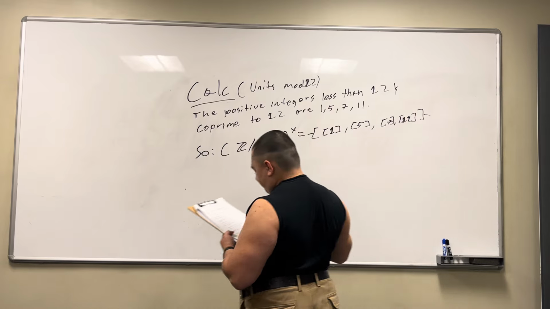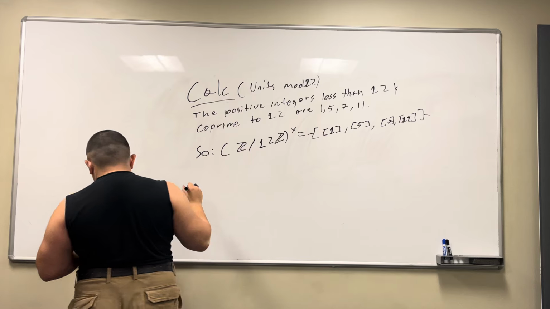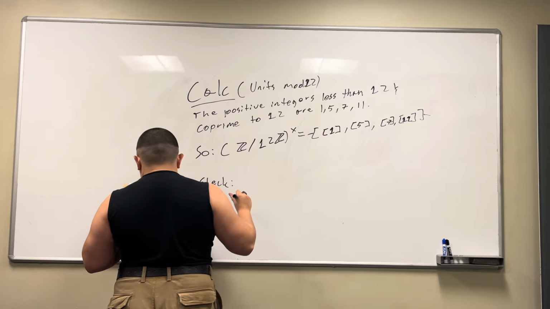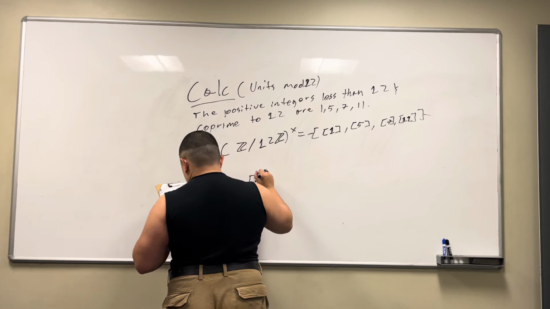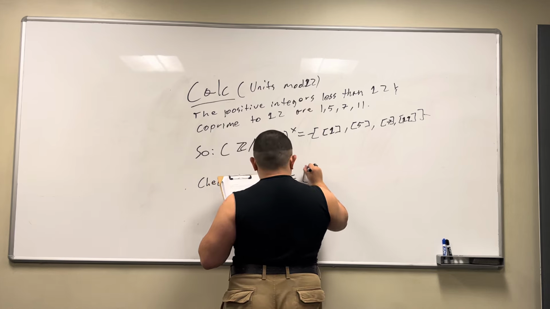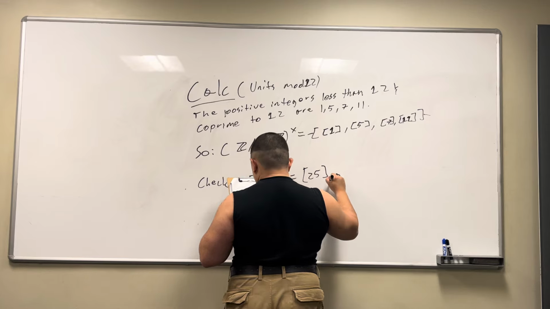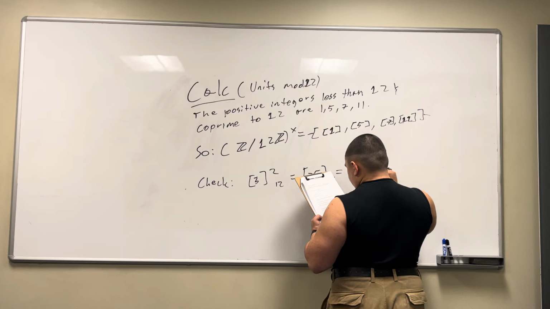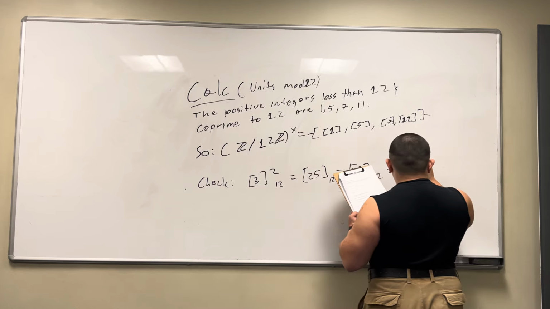So we'll check coprime. Let's check 5 squared, which is equal to 25, which is equal to 1 mod 12. So 5 is its own inverse.